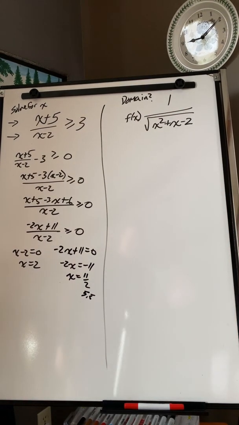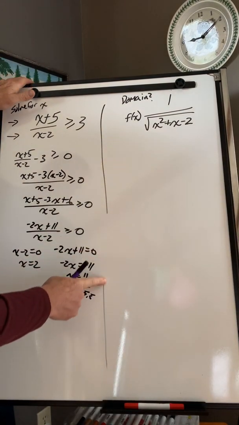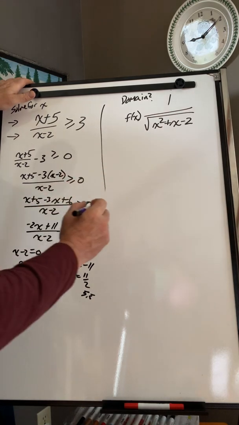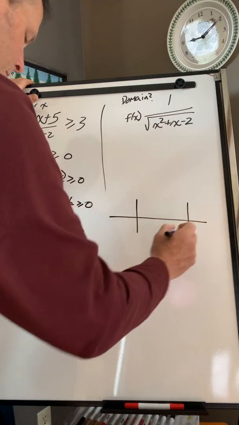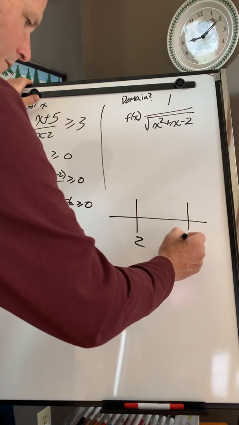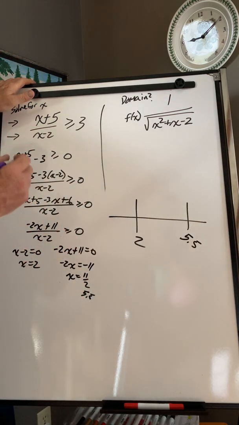Now, I've got to check my space, so I'm going to move this question over here a bit. We'll just have that other question up there for when we get to it. What we need to do is make our sign table. x is 2, x is 5.5. What's going on in between? Let's try x equal to 0.